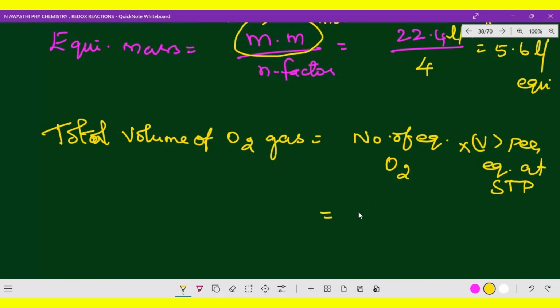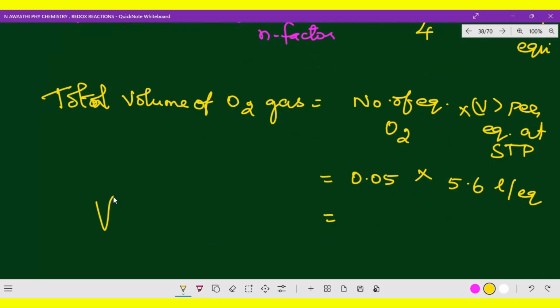So 0.05, the number of equivalents of oxygen, times 5.6 liter per equivalent, the volume per equivalent at STP, since we brought the molar volume 22.4 liter and divided by the n factor.